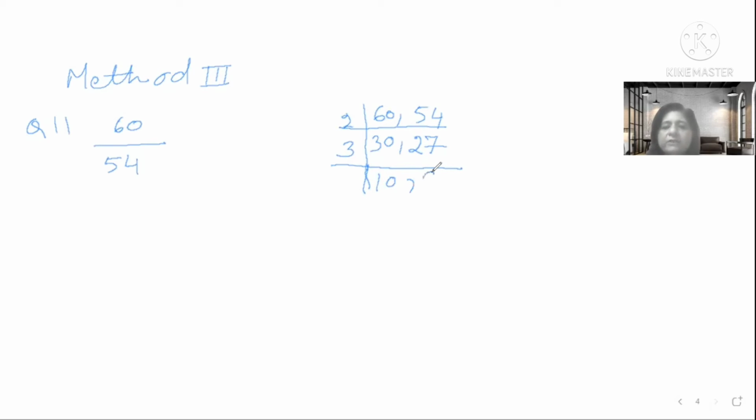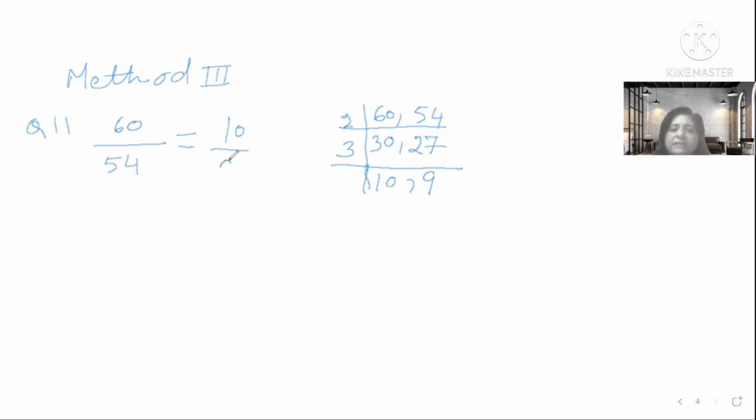So now what is the common factor which divides 30 and 27? It is 3, that is 10 3s are 30 and 9 3s are 27. So guys, here 10 and 9 cannot be divided further. There is no common factor between 10 and 9.